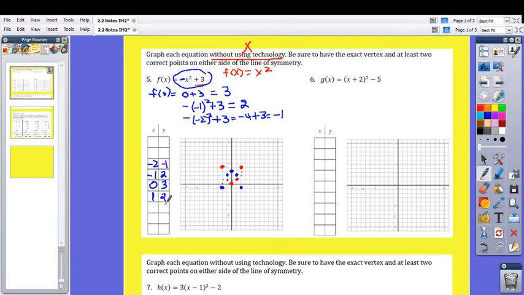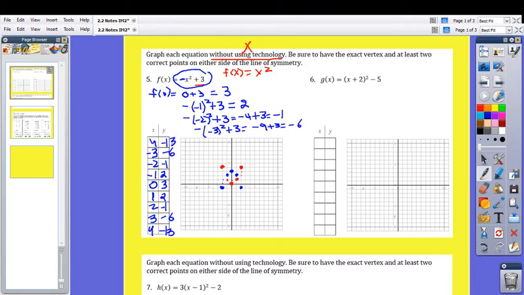So negative 1, negative 1, and if I keep going for negative 3, I'll be getting negative 9 plus 3, which gives me negative 6. So negative 6 for this, negative 6 for this. And if it is 4, then I calculate and it will be negative 13.